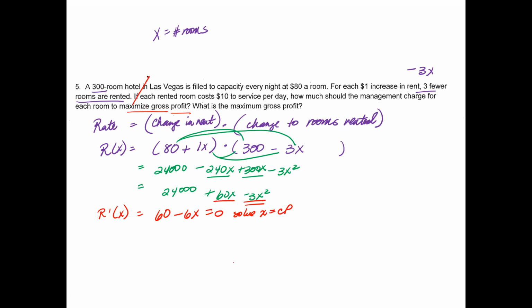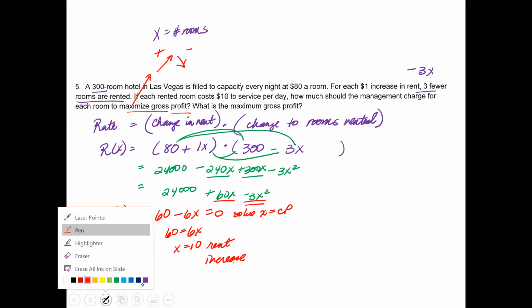And given the fact that this is going to be a maximum, you kind of expect a positive slope followed by a negative slope. So my critical point is going to be 60 equals 6x, x equals 10. X is the rent increase.